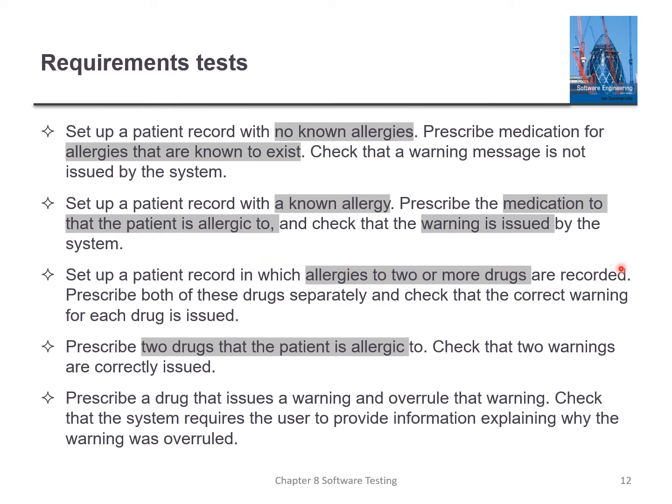You know that in advance, then you prescribe the drugs separately, and you check whether the system produces the correct warning for each drug the person is allergic to. So this tests for more than one allergy.